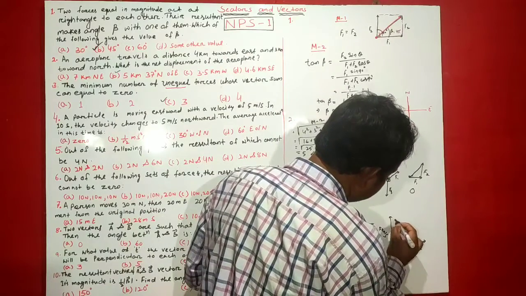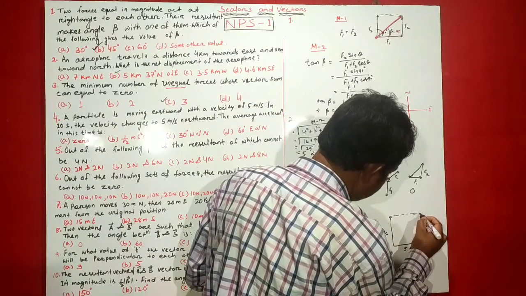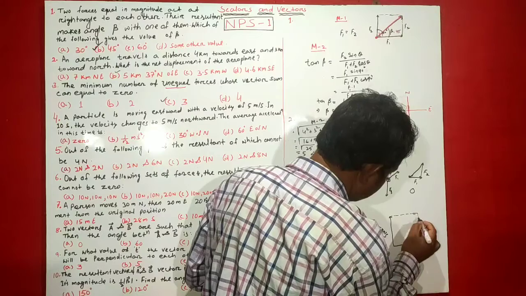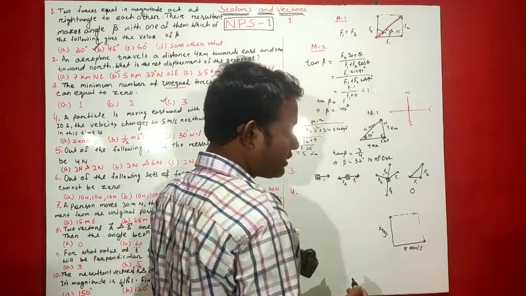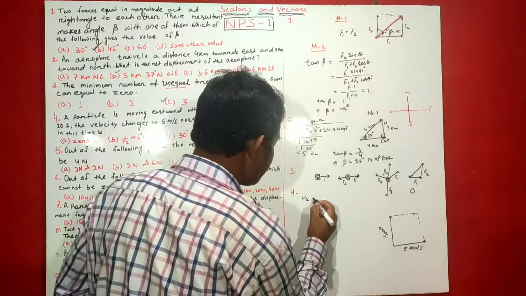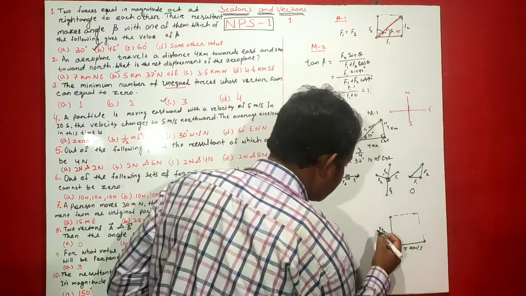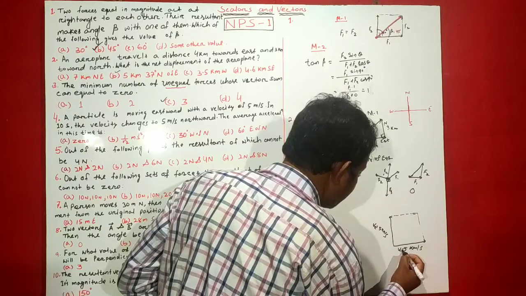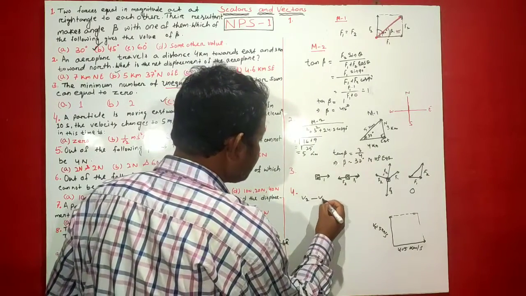Then this is our resultant. We have to find V2 minus V1, say this is V2 and this is V1.